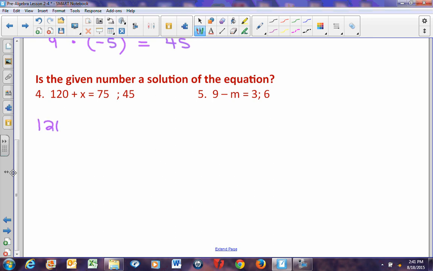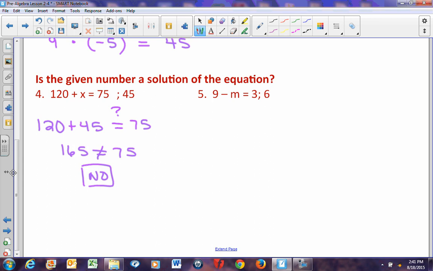Does 120 plus 45 equal 75? I can already tell you without working this out, this is false, because if I add a positive number to a number larger than 75, it's only going to get bigger. 120 plus 45 is 165. 165 does not equal 75, so it's no.